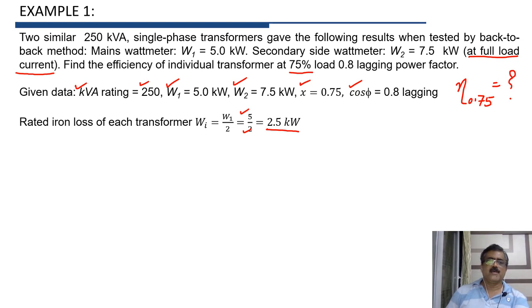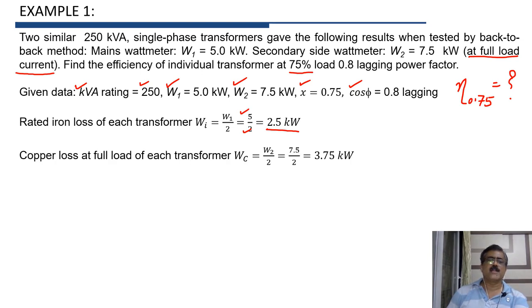Now similarly, rated copper loss at full load of each transformer, which is denoted by Wc, must be equal to W2 divided by 2. So it is equal to 7.5 divided by 2, which is 3.75 kilowatt. So iron loss is 2.5 kilowatt and copper loss at full load is 3.75 kilowatt.